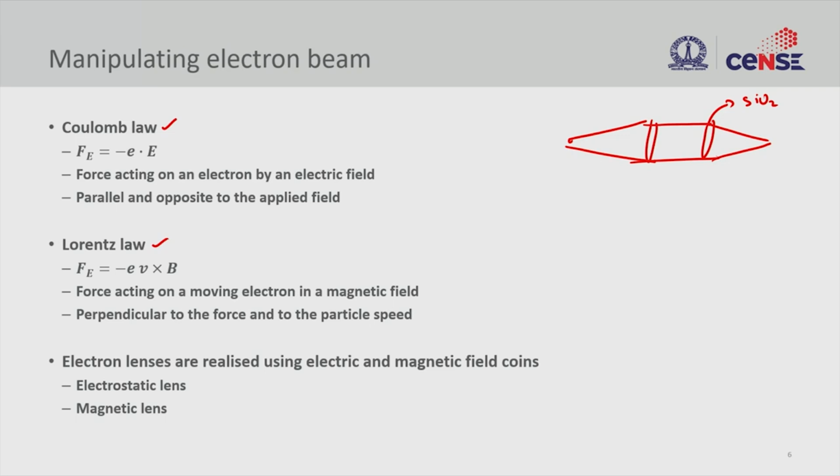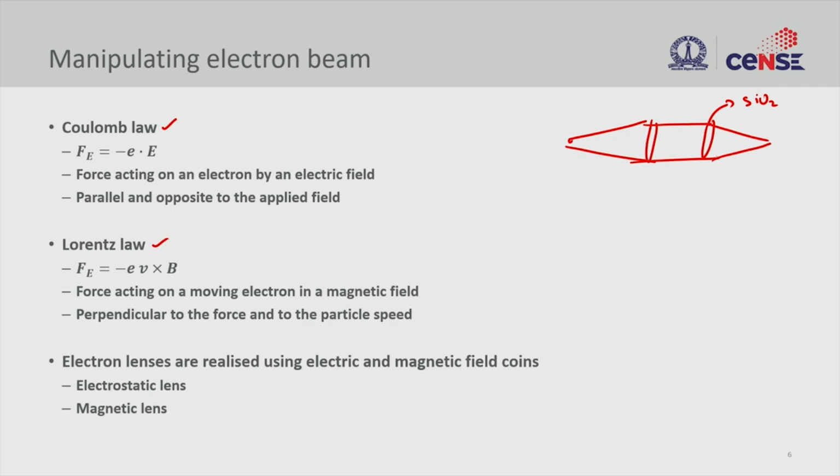By using this magnetic and electric field, we come up with electric and magnetic lenses. So we use field coils. Whether it is electrostatic lenses or magnetic lenses, we use coils. In electrostatic lenses we apply an electric field, in magnetic lenses we apply a magnetic field.